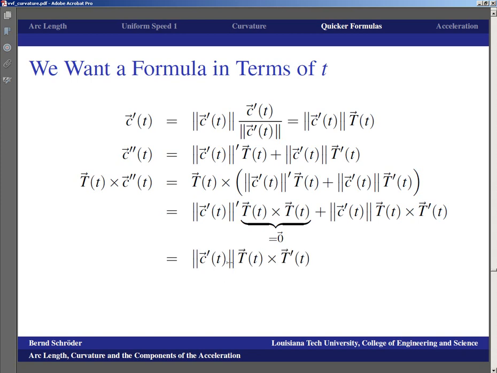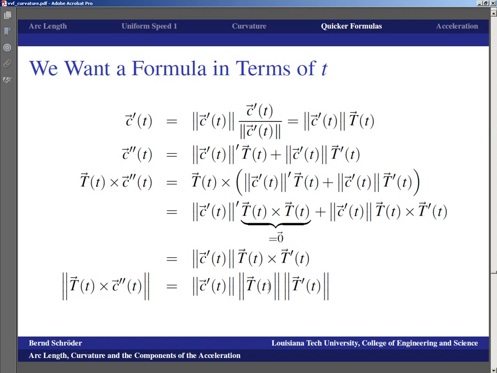So that's the norm of c prime of t times T of t cross T prime of t. And now I can take norms on both sides, and on the left side I just get the norm of T of t cross c double prime of t, and on the right side I get the norm of c prime of t times the norm of T prime. And that is because, remember, T of t has uniform length. T of t has always length 1.